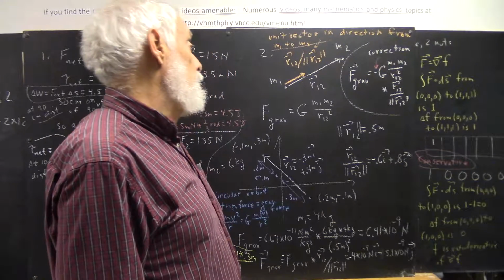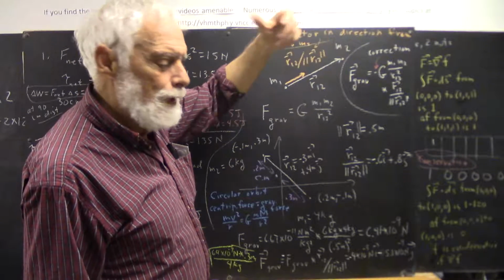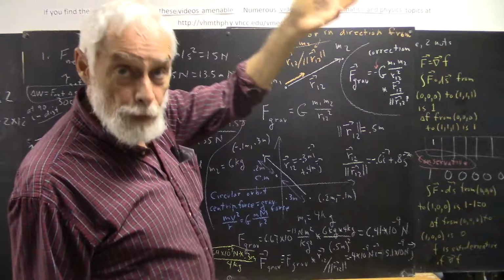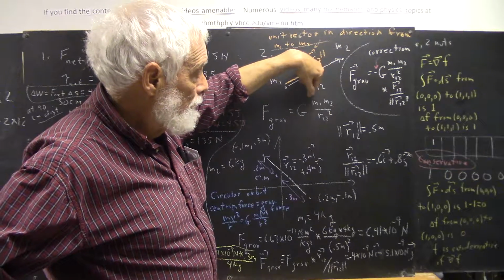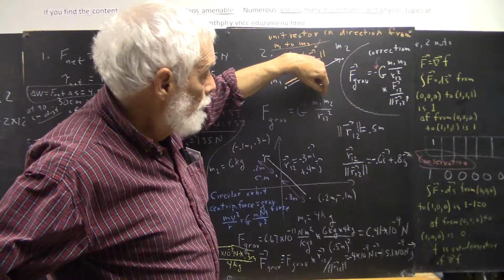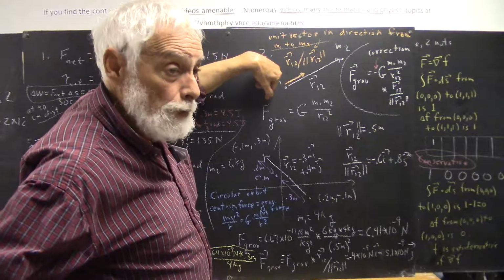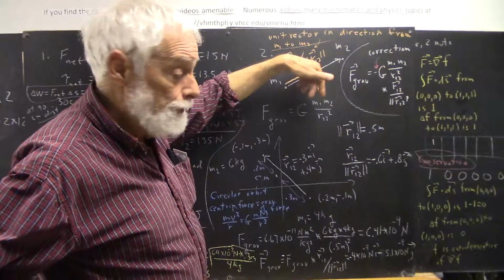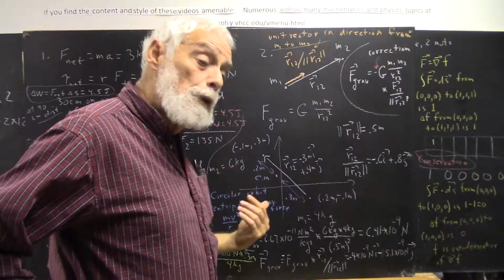Okay. And that's how you get, it doesn't prove anything. Experiment is the only thing that proves anything, but that's a plausibility argument. If one of the masses gets bigger, twice as big, then you're going to get twice the force. And if one of the masses got 14.8 times as big without changing the other, you'd have 14.8 times the force.